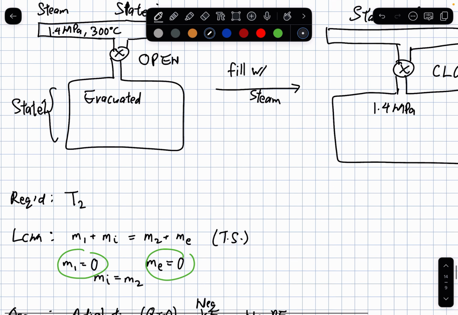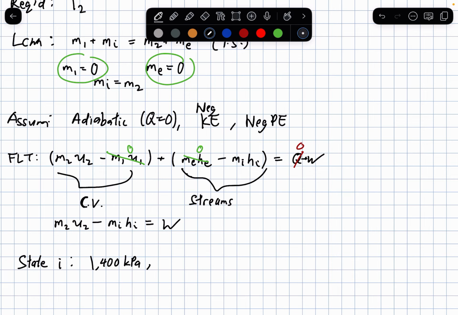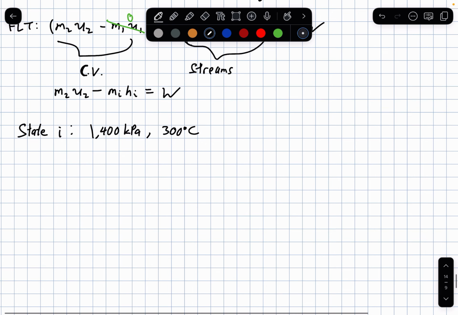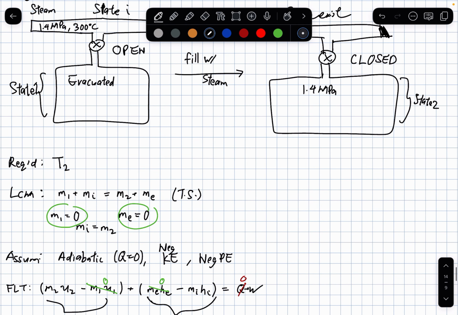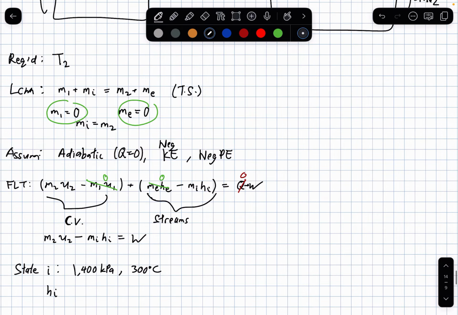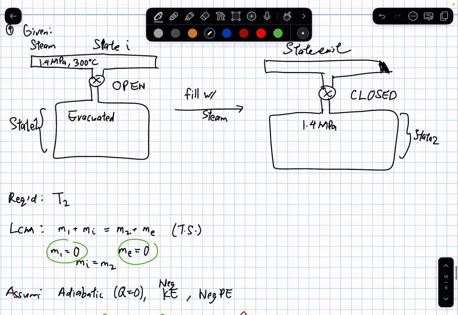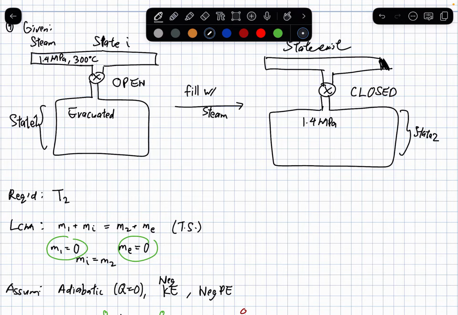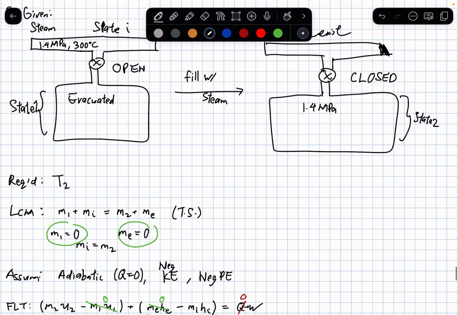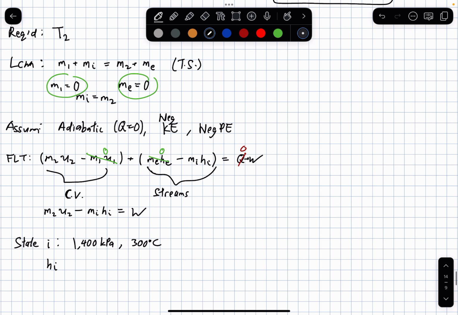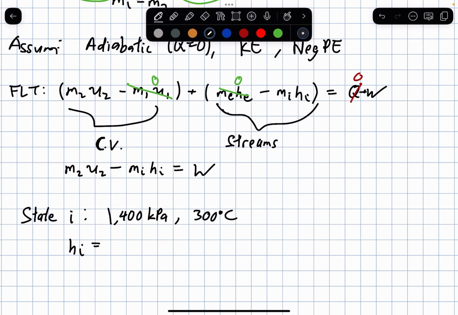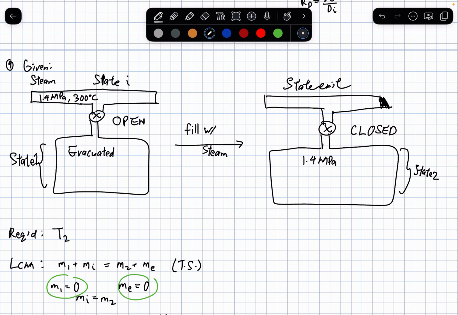At state inlet, 1400 kilopascal and 300 degrees Celsius, we can find H sub i. Do we have the volume of the tank? KE and PE are negligible.